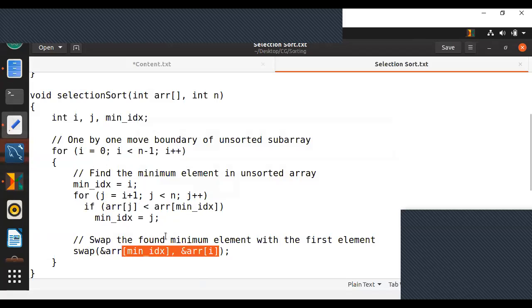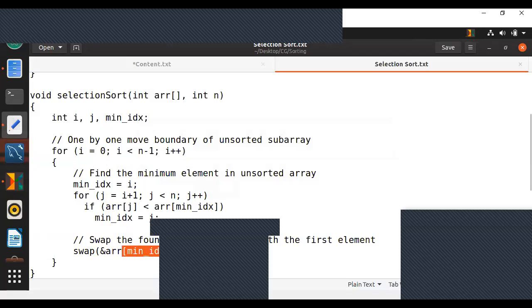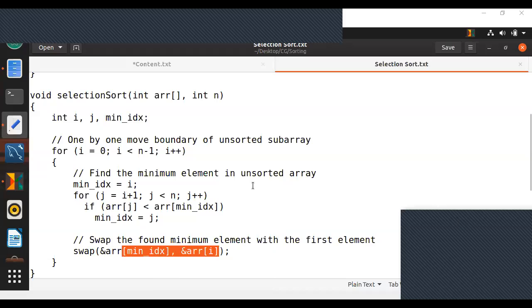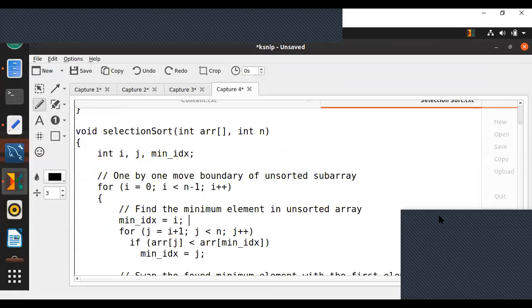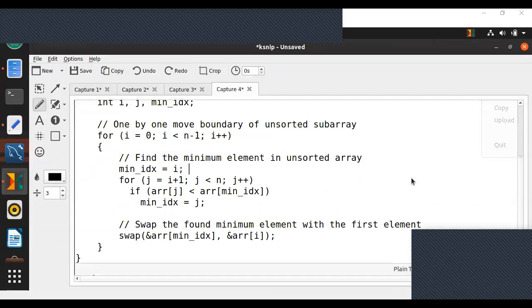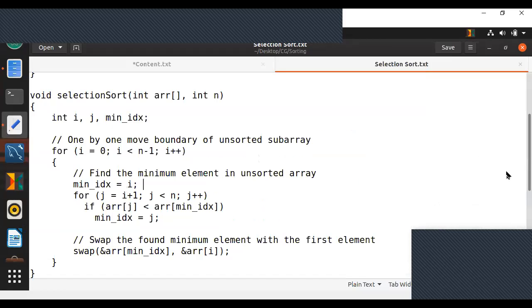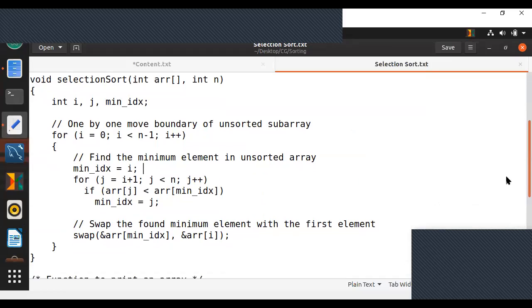Then second case, we're going to swap that minimum index with the second value, and then the third value, and so on. This is your whole code for this. Now, if you try this out, I think I have to just scroll down a little more. Perfect.